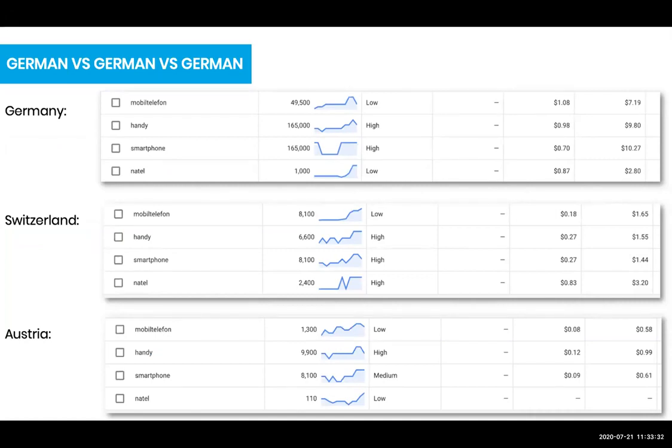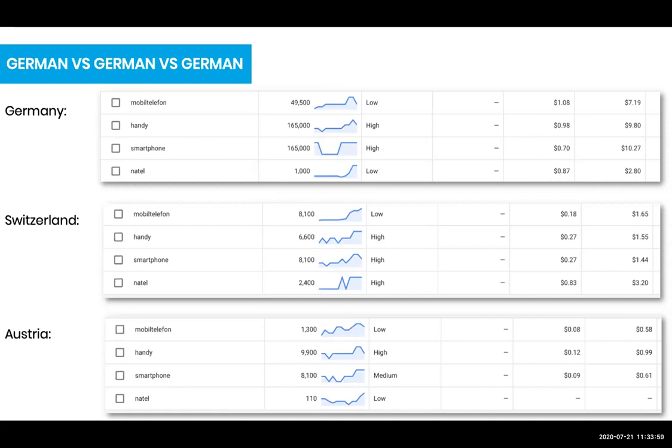So I typed in the seed keyword smartphone, and then Google Keyword Planner spat out, hey, here is the search volume for this keyword, and here are some alternatives that you may want to consider for your SEO strategy in relation to the keyword smartphone.